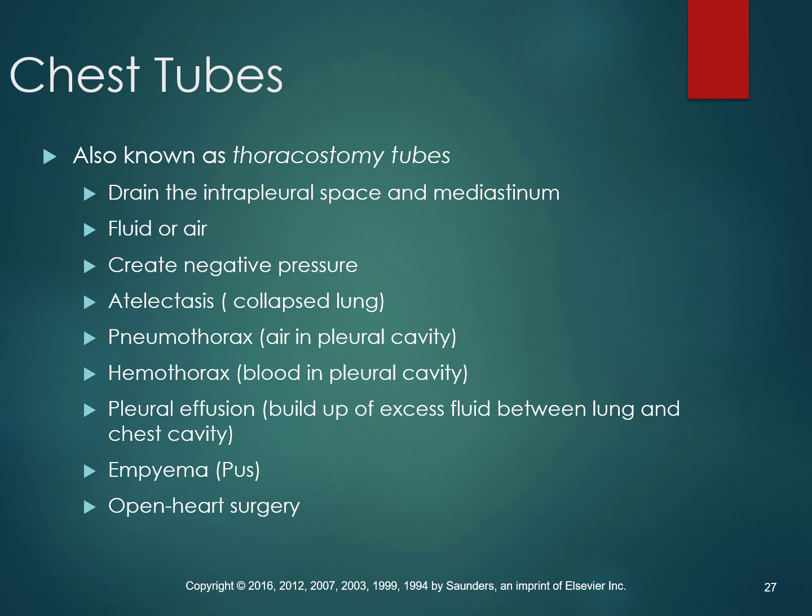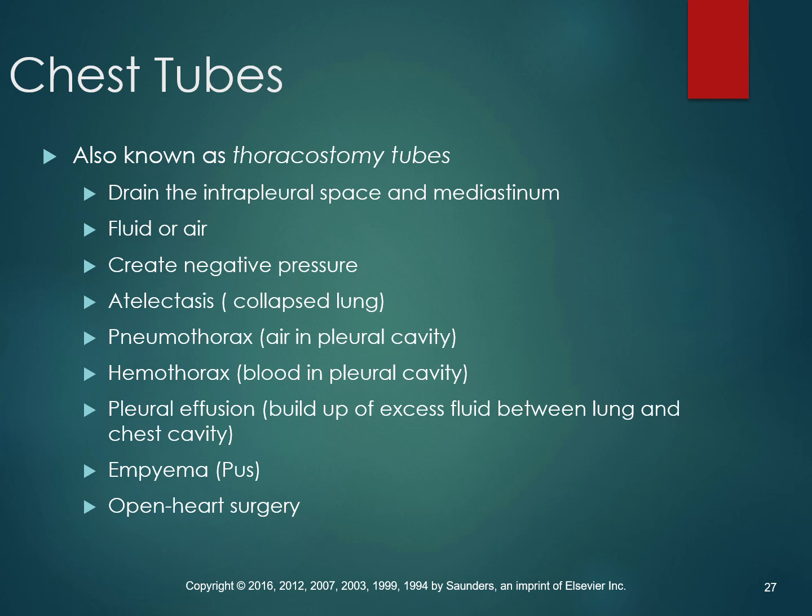Chest tubes. You are going to encounter patients that have chest tubes. They're also known as thoracostomy tubes. They drain the intrapleural space in the mediastinum of any fluid or air. They do this by creating negative pressure, and it's done in several scenarios.